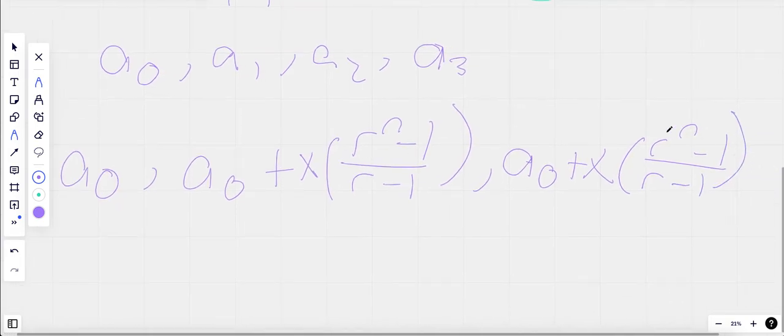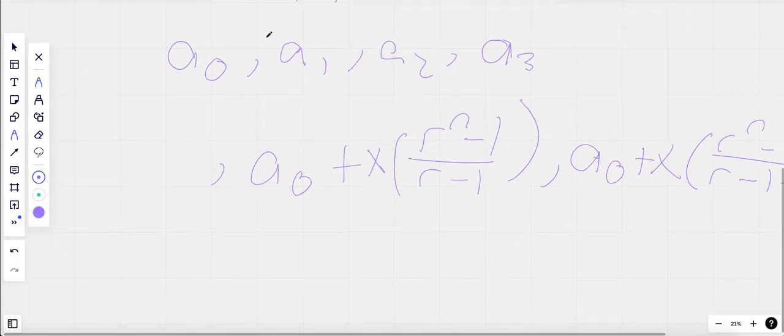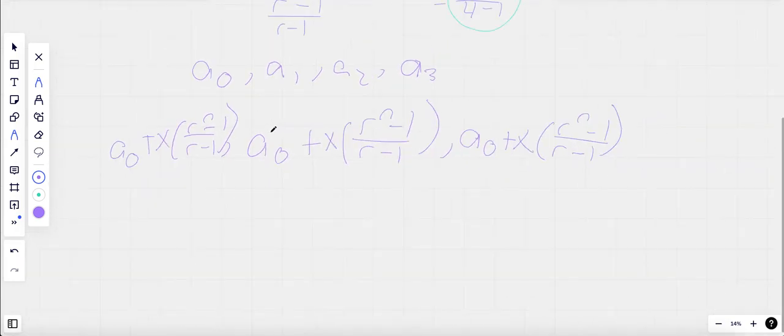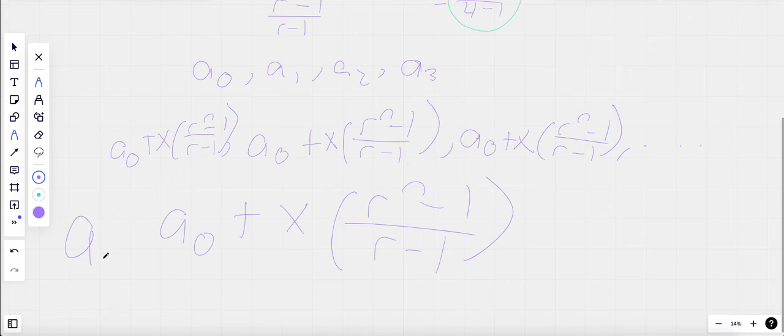Every one of these terms is going to follow this, and even the first term will follow this as well, because this accounts for all coefficients of x. And now every single term of the sequence is following this one pattern, which is a0 plus x times r to the n minus 1 divided by r minus 1. So this is the general formula for the sequence.